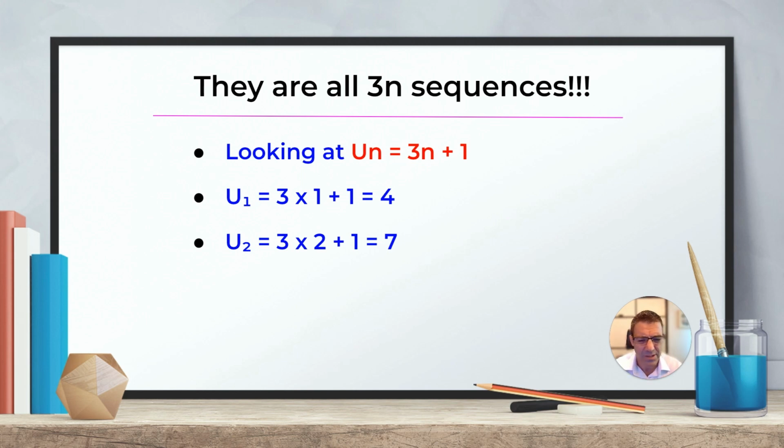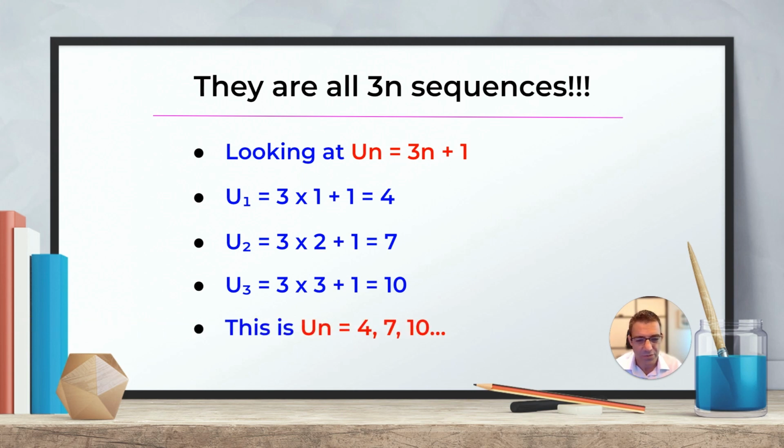So it's actually 6 plus 1, which is 7. And then u3 is 3 times 3 plus 1, which is 10. So the sequence un equals 3n plus 1 is the sequence 4, 7, 10, 13. So it's exactly the same as the 3's times tables, but we've scooted it across by 1. And so every 3n sequence is a version of the 3's times tables adjusted for the starting point.